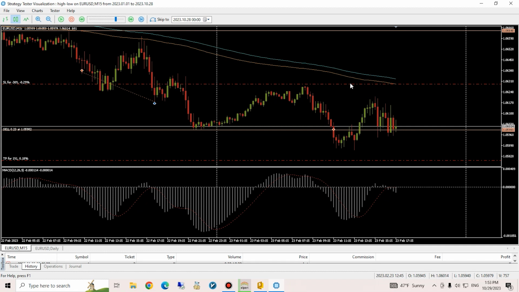I put my stop loss bigger because I have tested different stop loss and take profits, and the best result I could get was with fewer pips for take profit and more for stop loss. Because sometimes the price goes above, but it returns back.